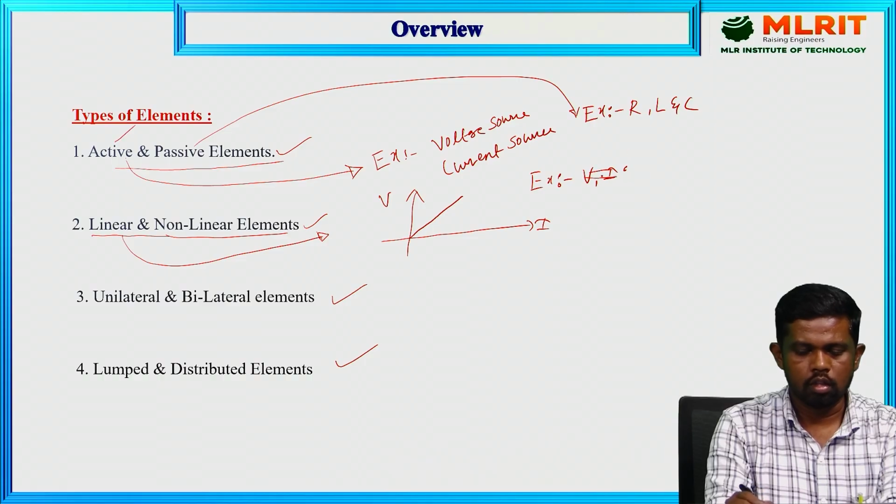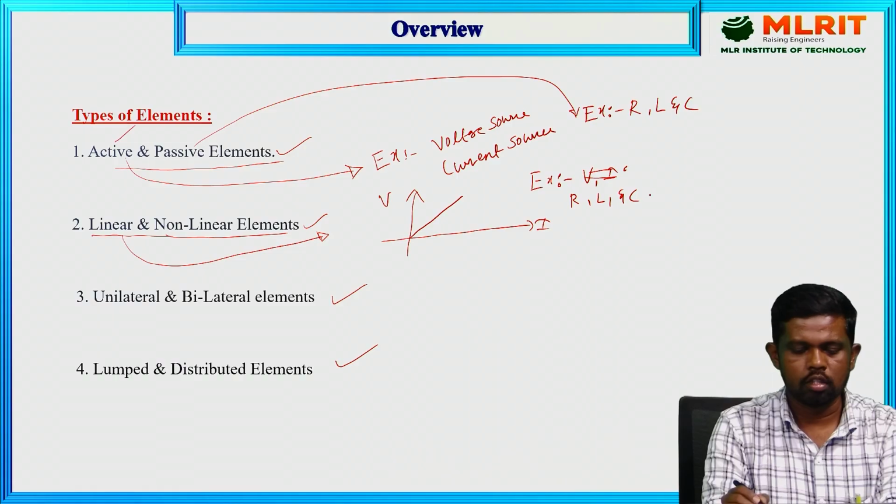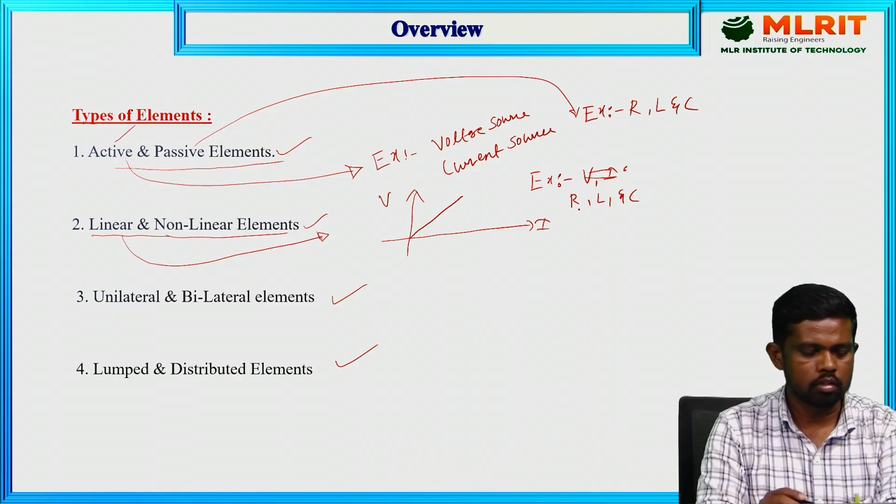The best examples of linear elements are the resistor, inductor and capacitor.